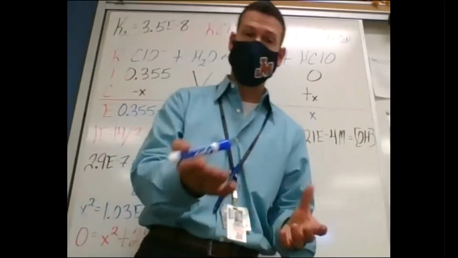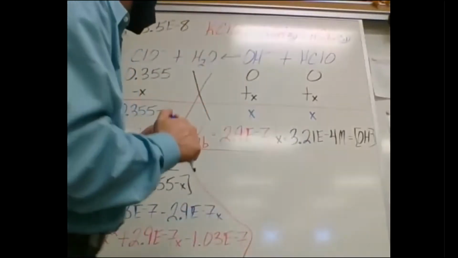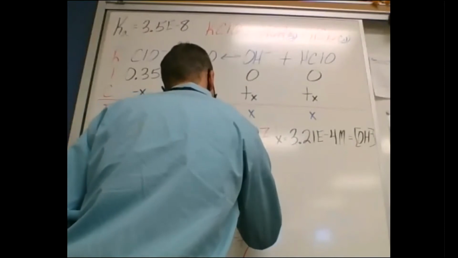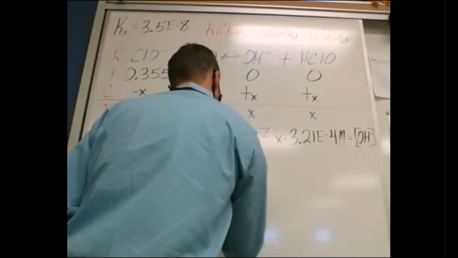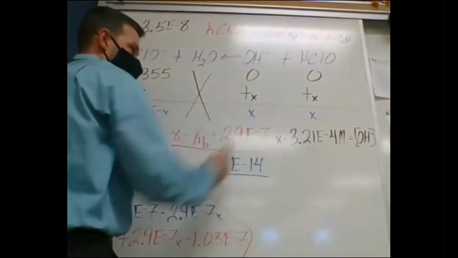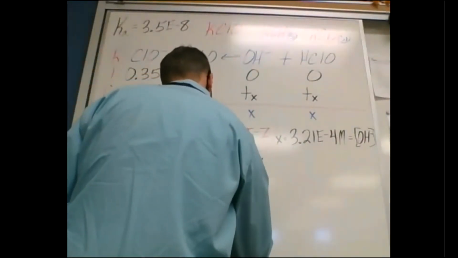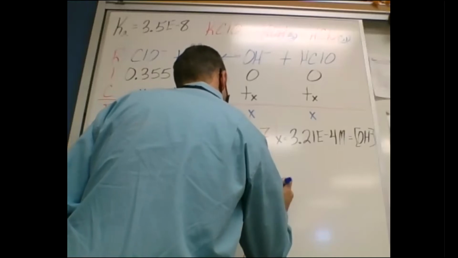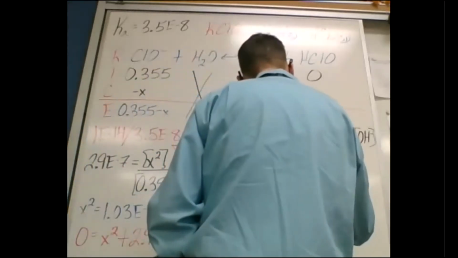I prefer to do it by Kw. You might have a different way. But I can go 1 E negative 14 divided by OH minus. And that will give me H+.